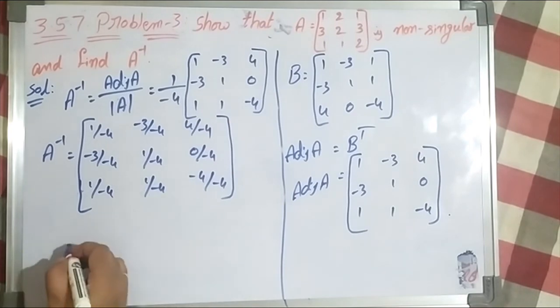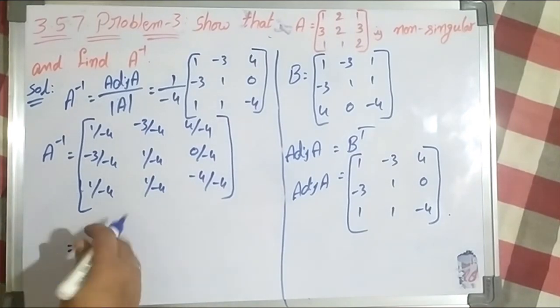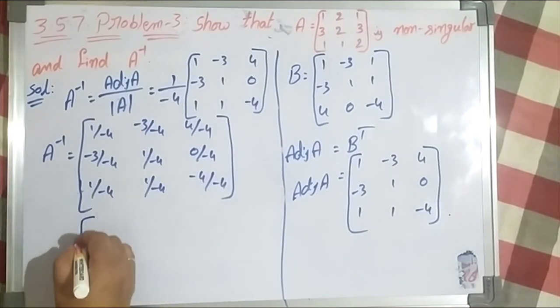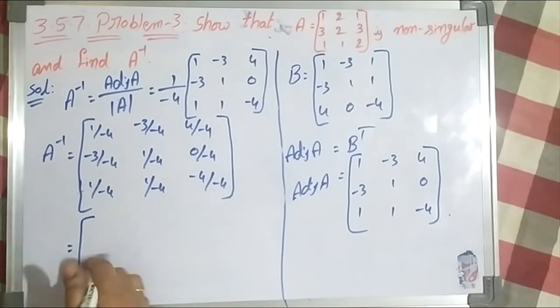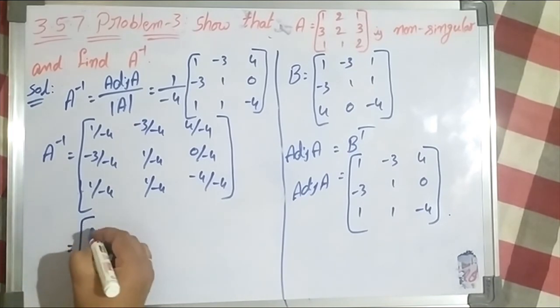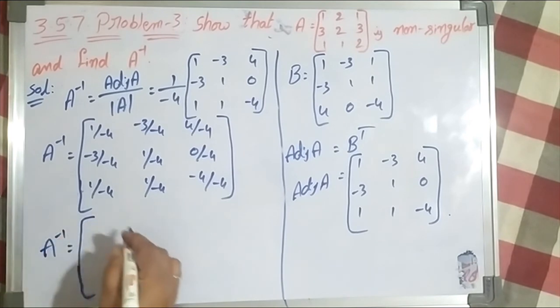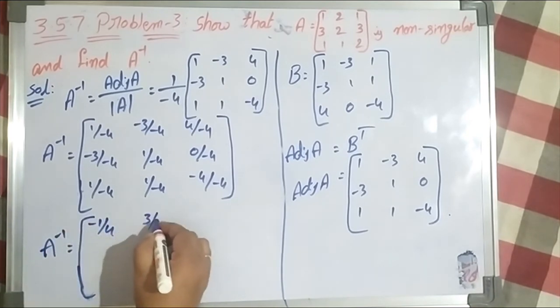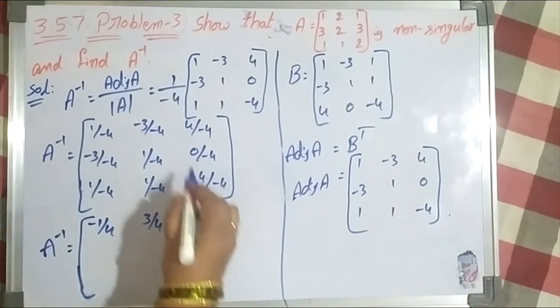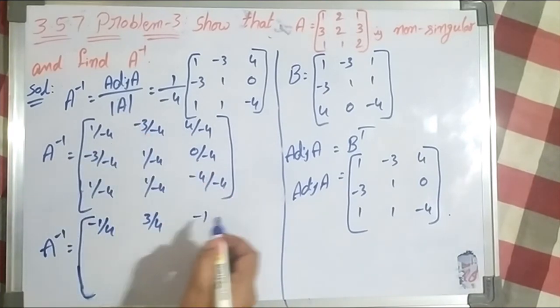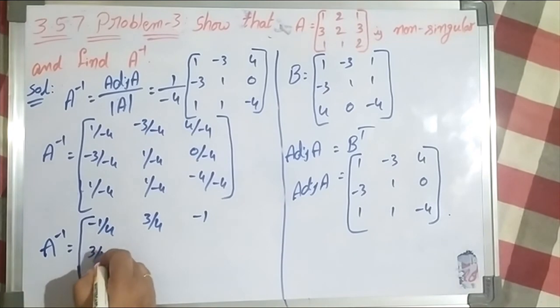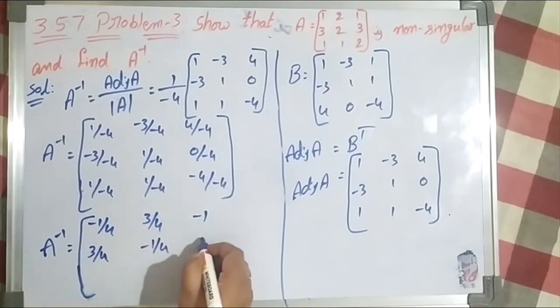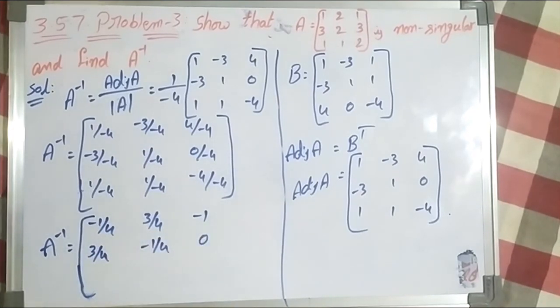Here, after cancellation of the minus signs and similar terms, matrix A inverse equal to minus 1 by 4, 3 by 4. Here minus minus get cancelled, here 4 gets cancelled. Minus 1, 3 by 4, minus 1 by 4, 0. 0 by any number is equal to 0.